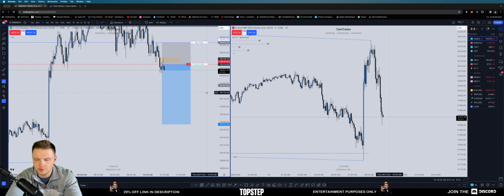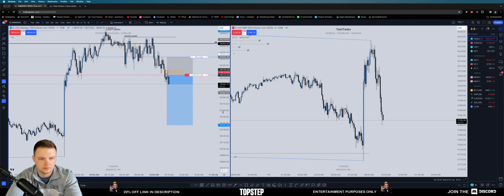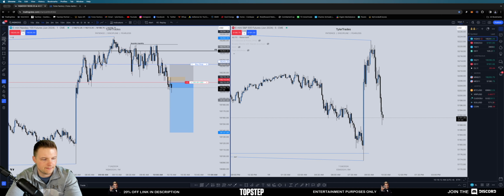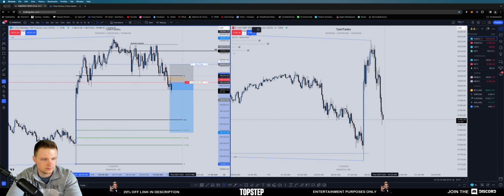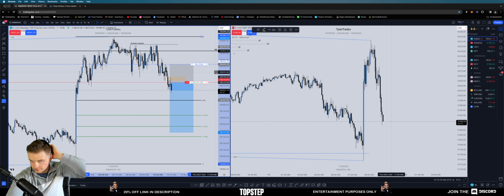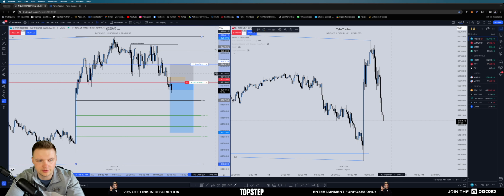Holding. Good respect for now. I'm probably going to move my stop loss up to break even once we tap equilibrium, I'm thinking.